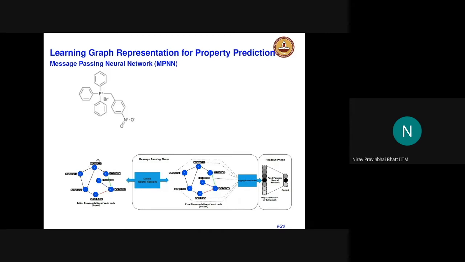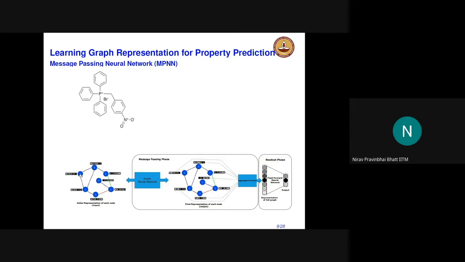And you can see there is a small circle, which is called the node characteristics. Basically, if you take an atom, it has different characteristics. Like a carbon atom: what is its atomic number, what is its sp3, sp hybridization, and other characteristics. You can use them to represent these atom characteristics.